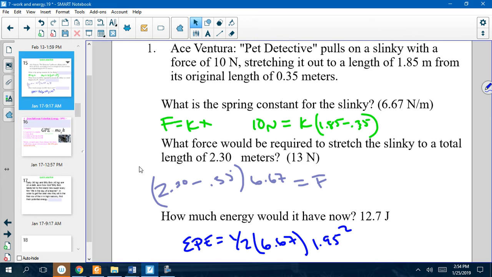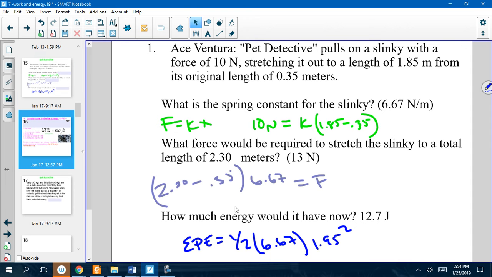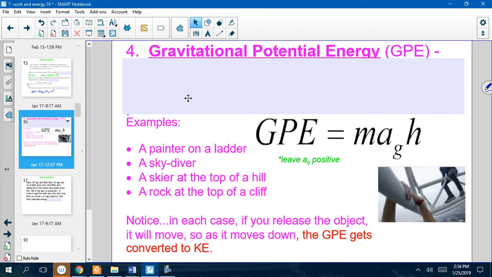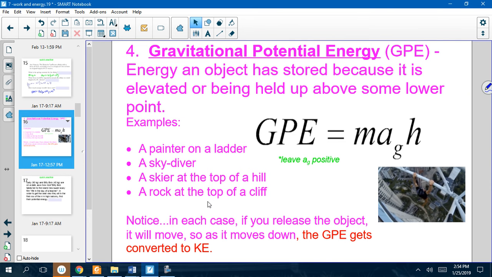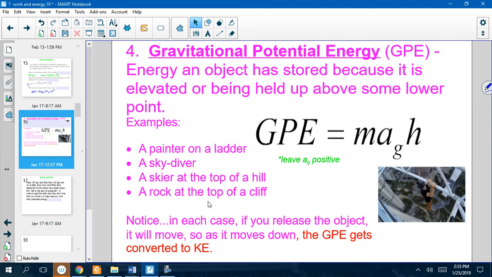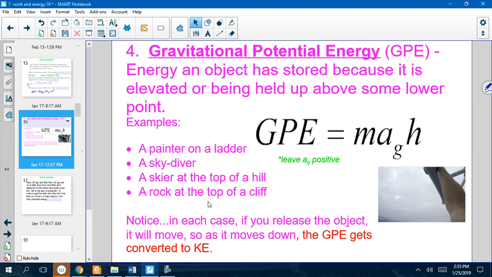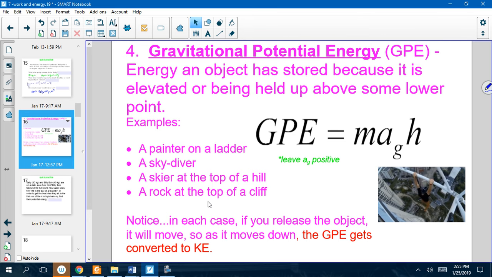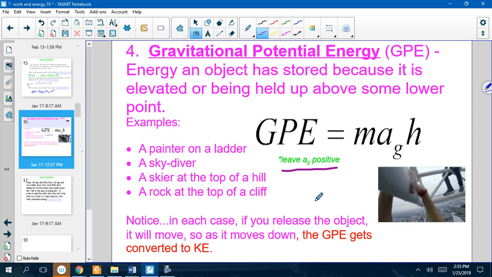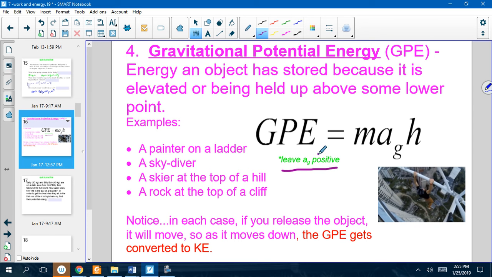Alright, the last type of potential energy is gravitational potential energy. This is a big one, and what we're dealing with is the object has a certain height, and because of that height, it has stored energy because it could fall from that height. So anything that has a height is going to have gravitational potential energy. Now the trick here is that when we're plugging in our acceleration of gravity, we're going to use a positive 9.8 rather than a negative.